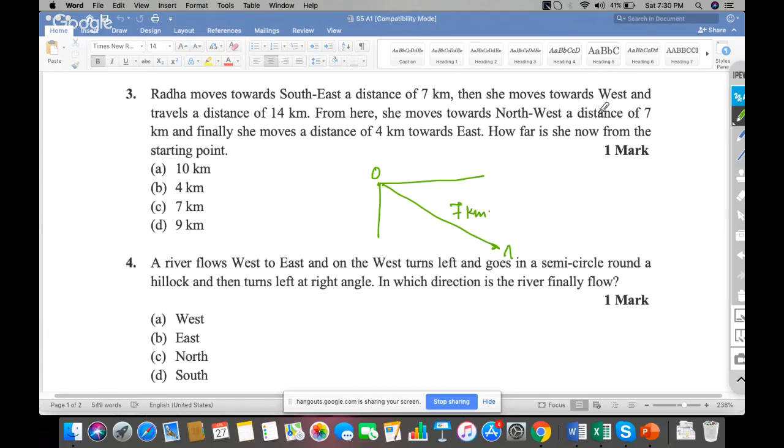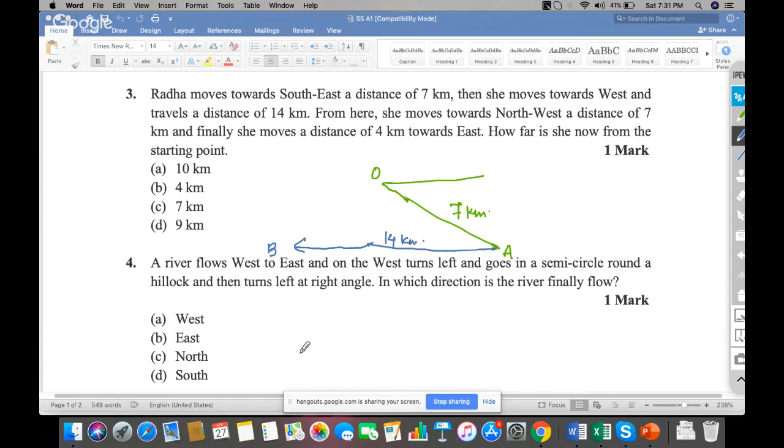Then she moves towards west and travels a distance of 14 kilometers. So west would be this direction. So then she is going west and she is reaching this point B, and this distance is 14 kilometers.